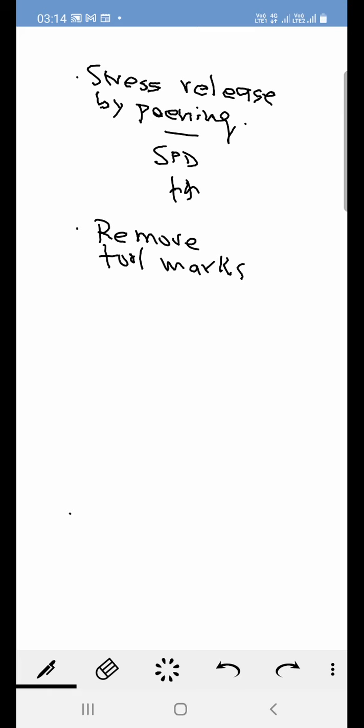Secondly, there is a decorative aspect also associated with abrasive blasting. So it is a decorative finish. And another application, which is not a new thing but we have already discussed, is the removal of excess material.